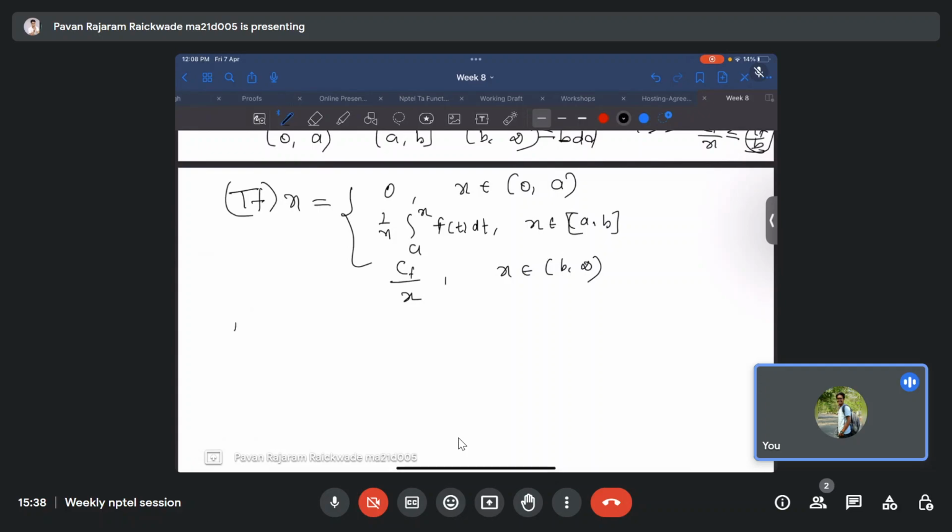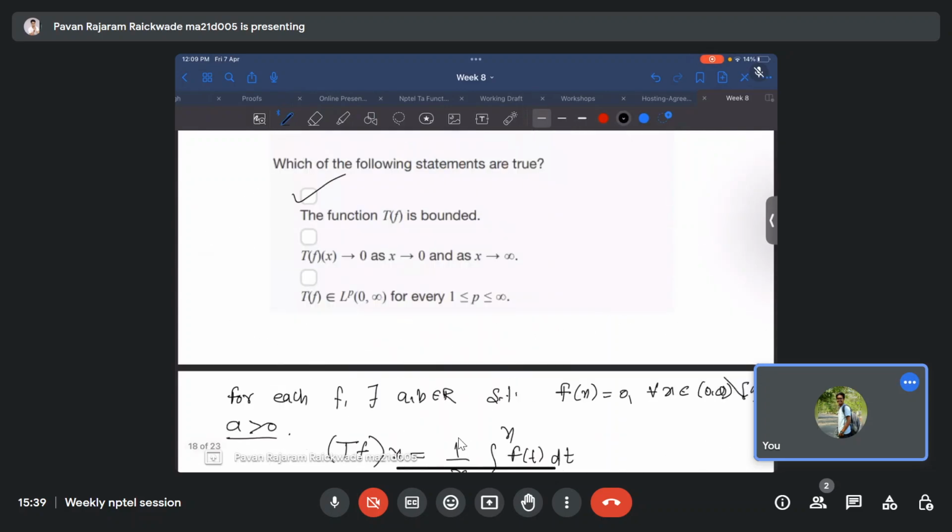Okay. If x goes to 0, then we are in the first interval, and in this interval its value is 0. So no problem, Tf also goes to 0. And this is what we wanted, right?